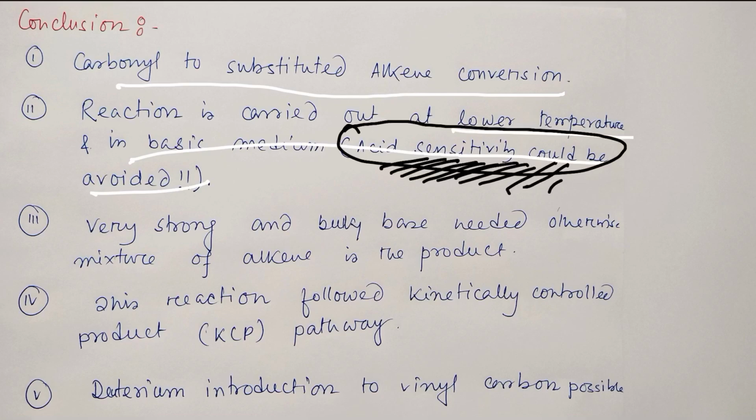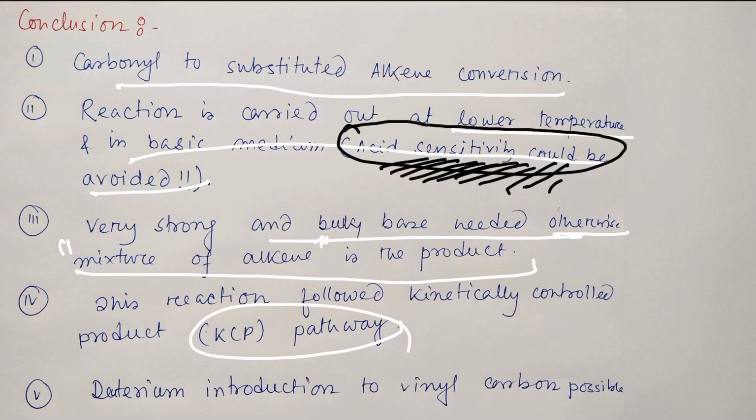Additionally, we are using a very strong and bulky base in this case, and if we don't use it, it will result in a mixture of alkenes, both TCP and KCP. Actually this reaction results in KCP, the kinetically controlled product, because it results in the less substituted alkene.